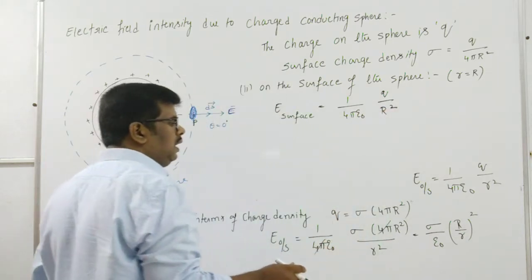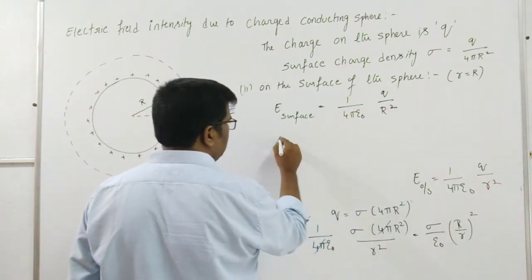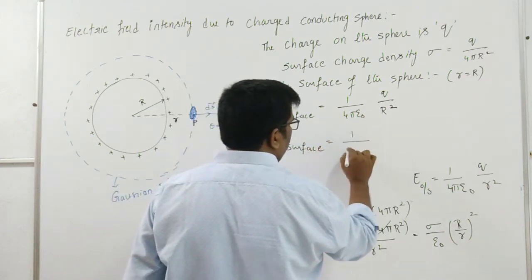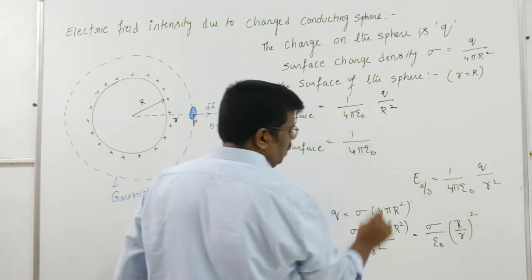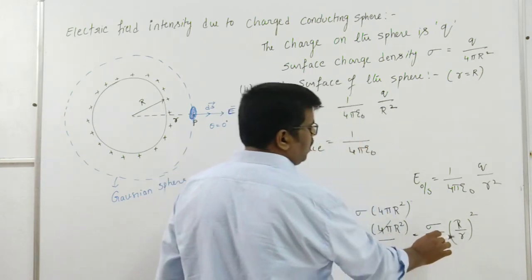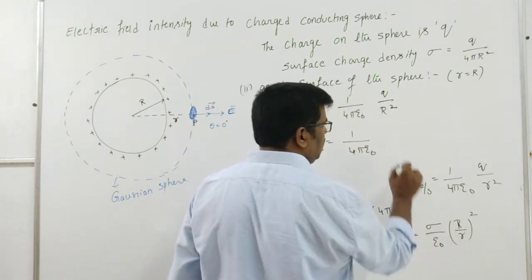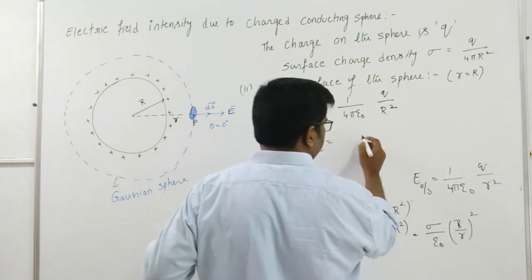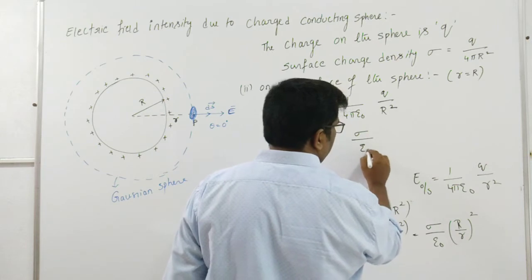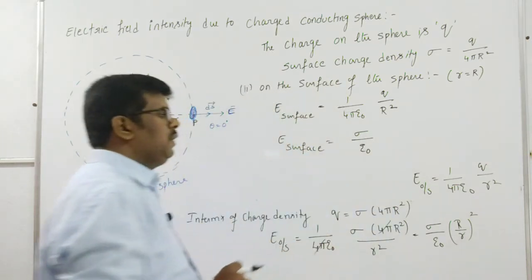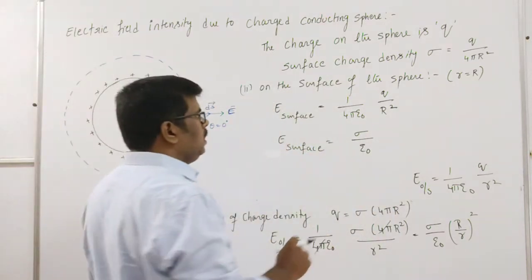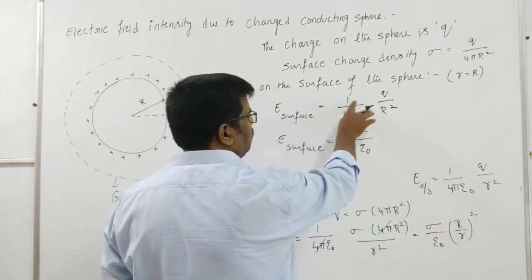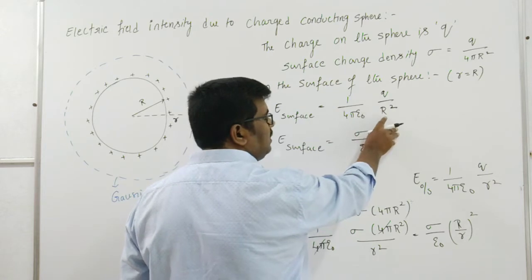Or else you can also write it in terms of charge density. E on surface you can write as 1 upon 4 pi epsilon naught; here in place of small r, if you write capital R, it gets cancelled, and you will get only sigma by epsilon naught. It remains constant. You observe E on the surface is 1 upon 4 pi epsilon naught q by R square, where R is the radius of the sphere.